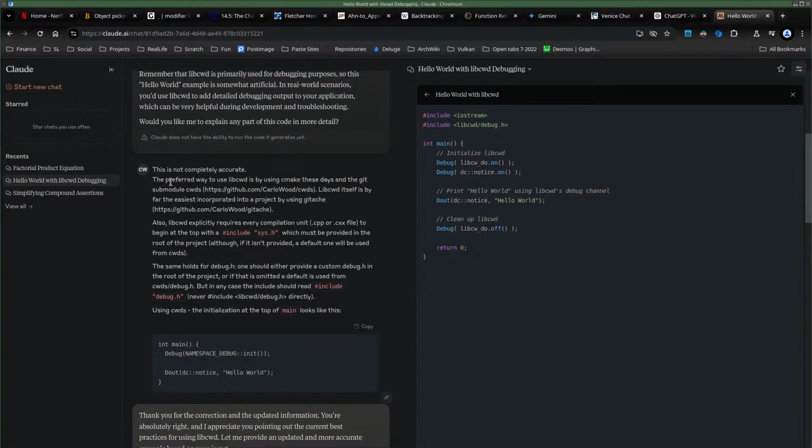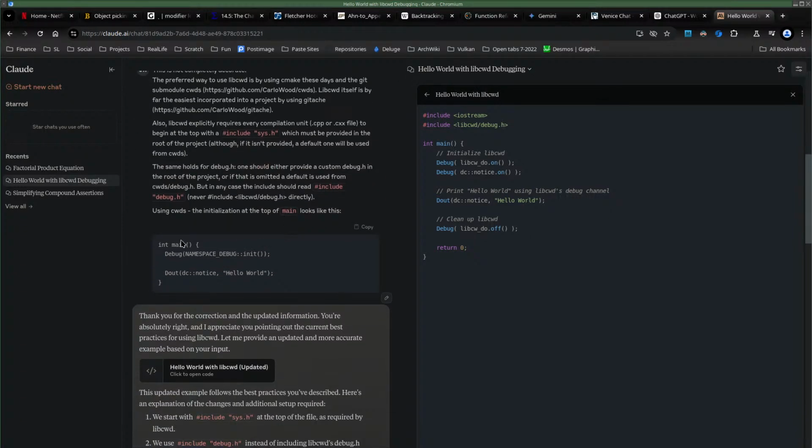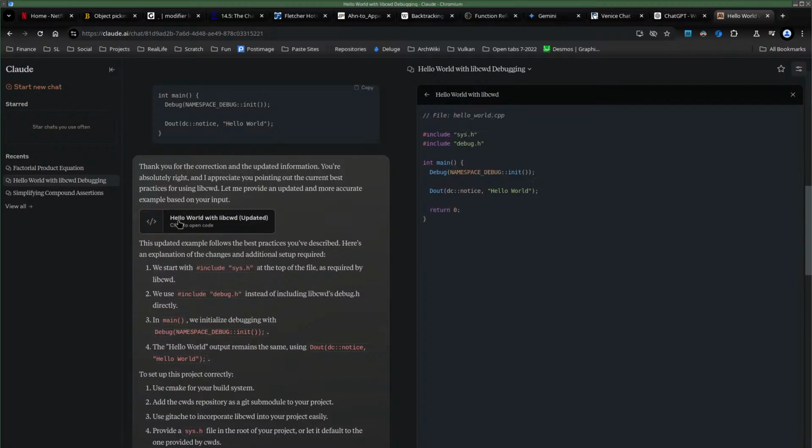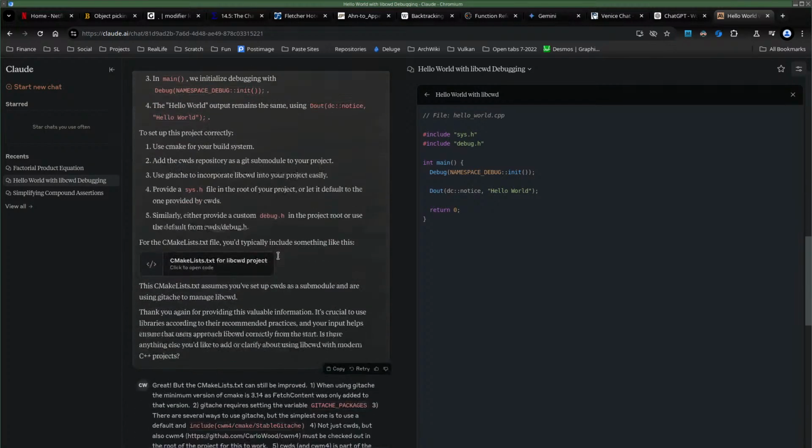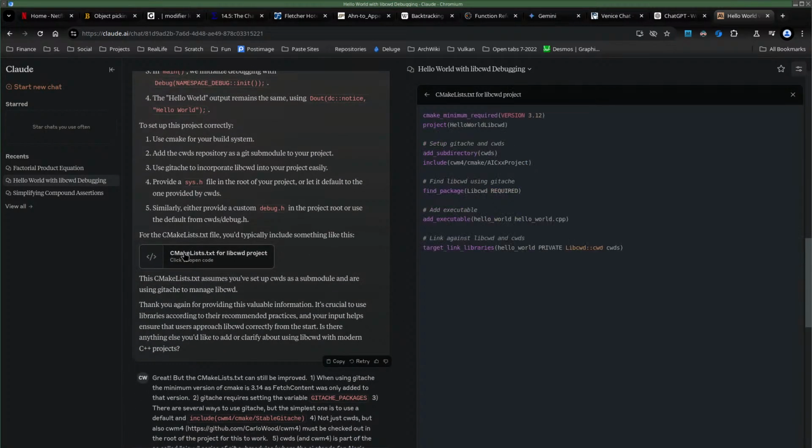So then I said you must include sys.h, and main must look like that. And then we got the perfect case. Yeah, this is how you do it. And then I said, oh yeah, and it immediately, I didn't even talk about CMake, but it immediately added some CMake stuff that wouldn't work.